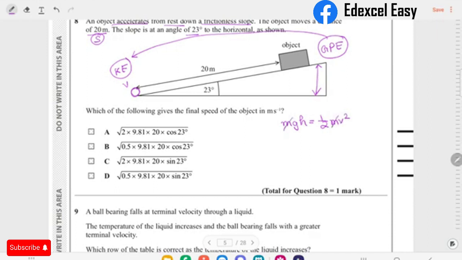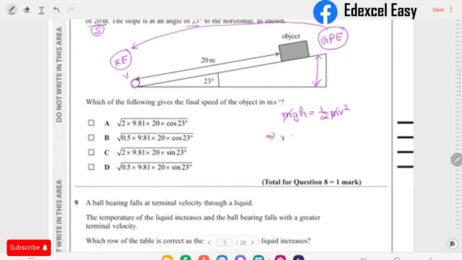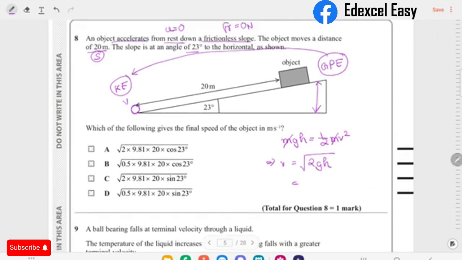The mass gets cancelled out, and finally you're left with the square root of 2gh. Obviously the height was given to you, sorry, the height was not given to you. You can calculate it using Pythagoras theorem.